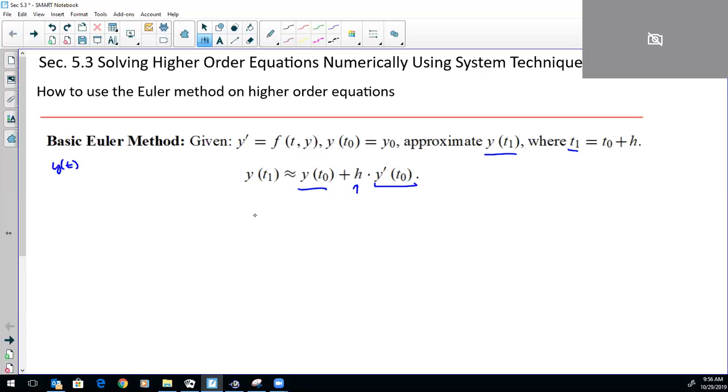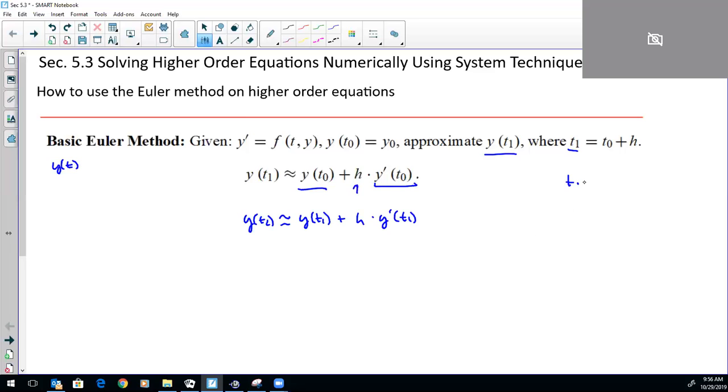Now, if you wanted to go a little further, you can do one more step here, or more steps. The value of y at t2 is approximately the value we got just in the first step, plus we'll go out the derivative at t1, this distance.